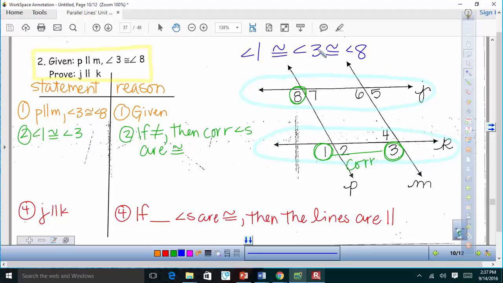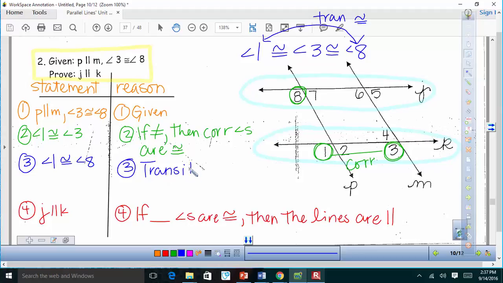So if angle 1 is congruent to 3 and 3 is congruent to 8, that means that that congruency would transfer over, right? And so that would make angle 1 congruent to angle 8. So that's what I would write next. Angle 1 is actually congruent to angle 8. We know that through transitivity.